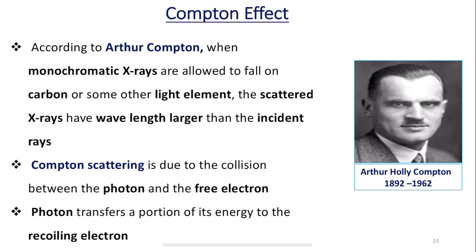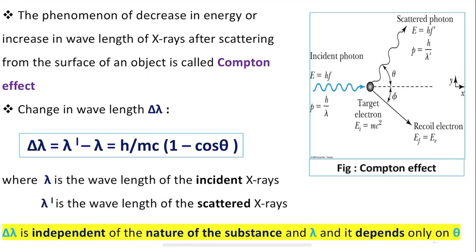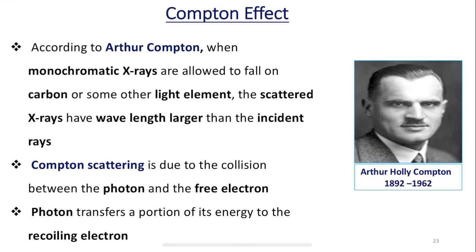Since the scattering is caused by electrons, it is evident that some interaction has taken place between the X-rays and electrons, and this has resulted in a decrease in the energy of the scattered X-rays. The photon transfers a portion of its energy to the recoiling electron.